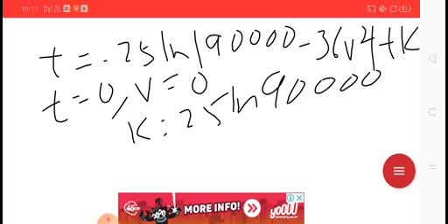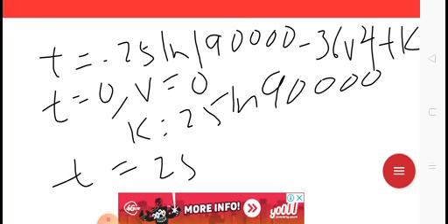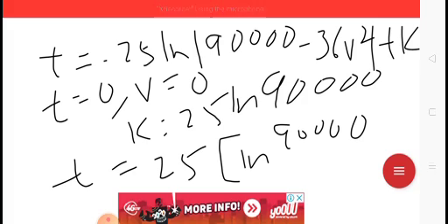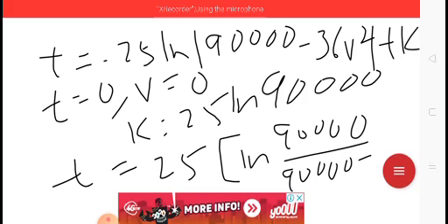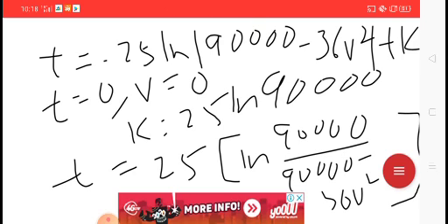Put this back into the original equation, and you will get t equal to 25 ln(90,000 over (90,000 minus 36V squared)). So this is the equation of t in terms of v. You may have a different form, but it must be t equal to a function of v. So this is for question D, part 1.